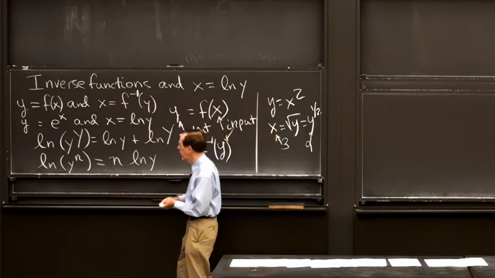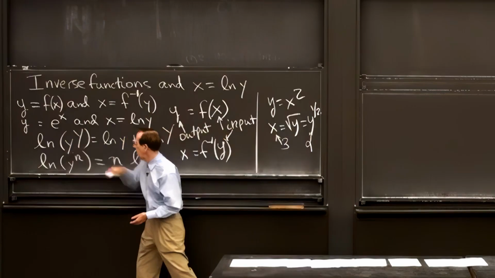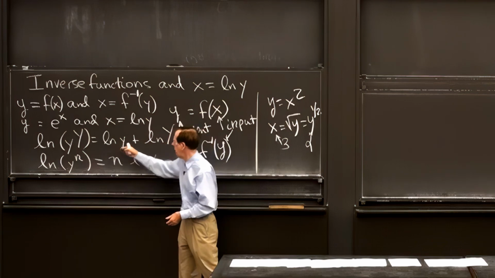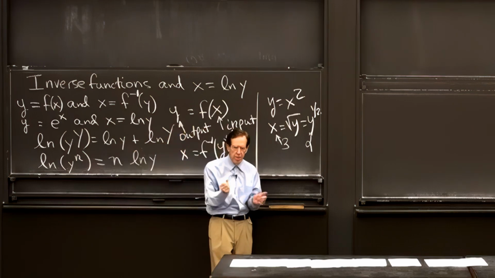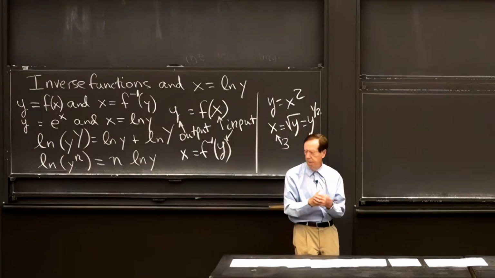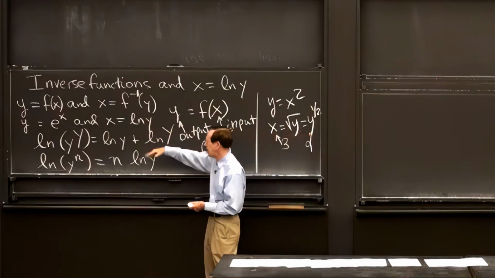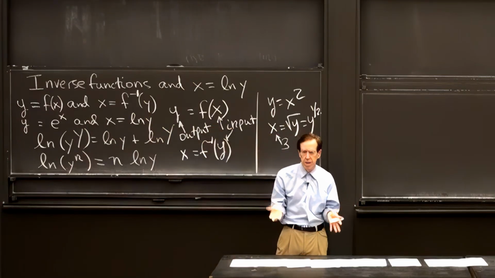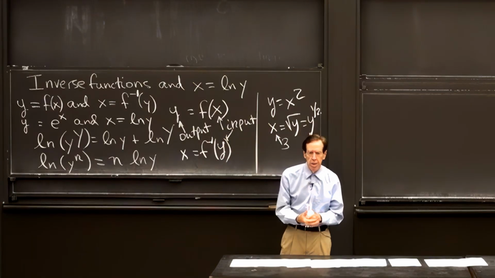And here's the most important one, that the log of a product of two numbers is the sum of the two logarithms. Very important. In fact, that simple but important fact is what made logarithms famous, and it was the whole basis for the slide rule.